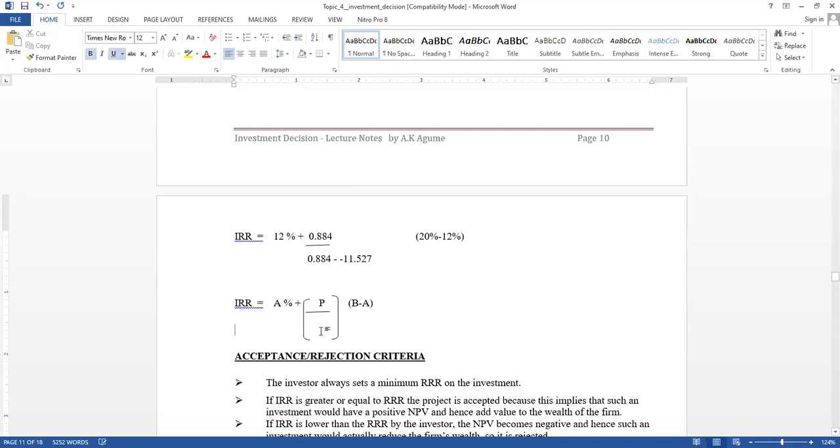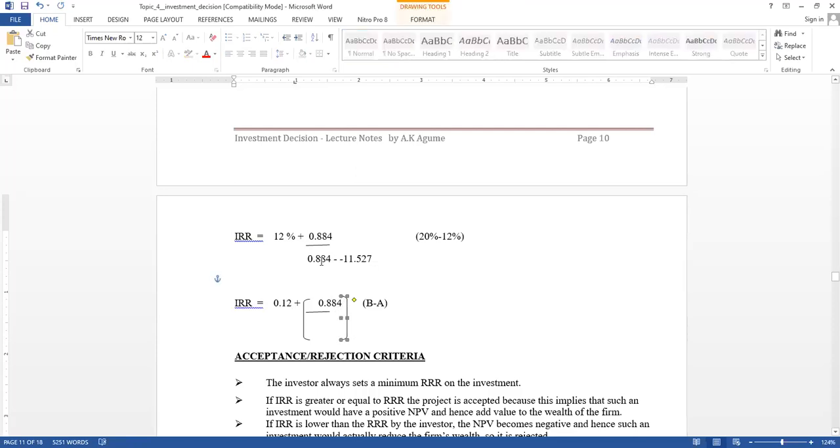So if I simplify this further, this is going to be 0.12, this is going to be 0.884.